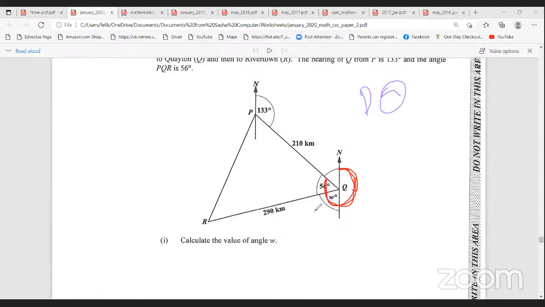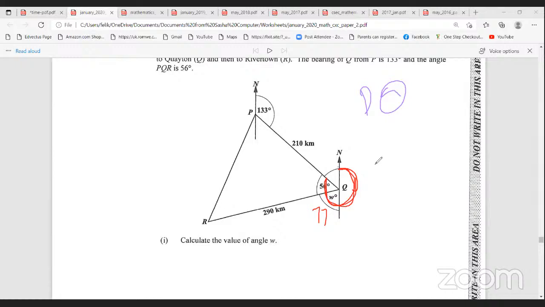The north line would measure 180 degrees, and we found W already, which is 77. So we'd add 180 plus 77, and that would give us the bearing of P from Q.